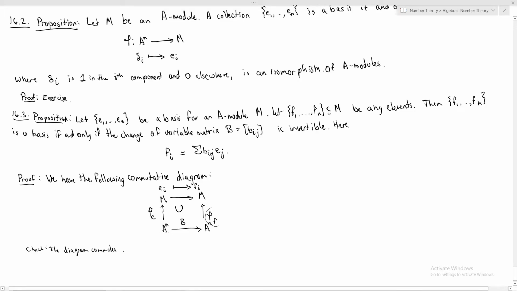I need to start with, say, delta_i here. It would map to b delta_i, and so on and so forth. So you work through the details of checking this diagram commutes. Then these things are a basis if and only if phi_f is an isomorphism.